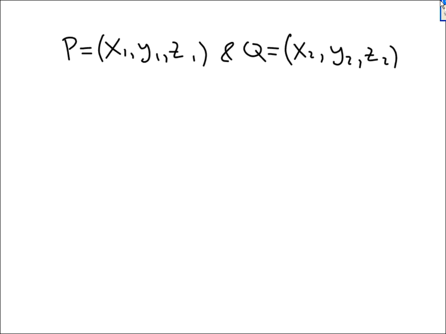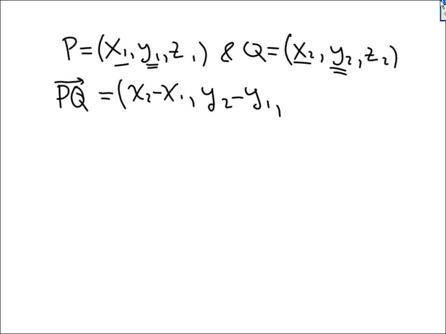And we want to find the vector from P to Q. Notice the arrow's pointing towards Q. The way you find that vector is you do Q minus P. You do that for the x component, you do y2 minus y1 for the second component, and then lastly, you do z2 minus z1 for the third component.